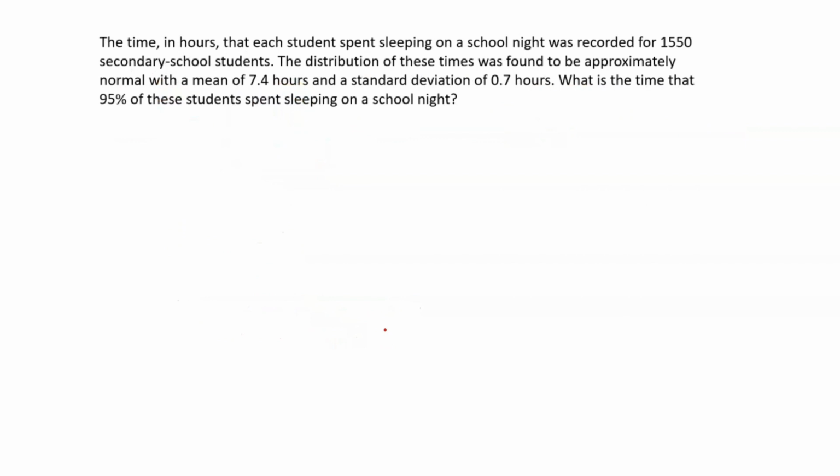All right, let's have a look at the other example. The time in hours that each student spent sleeping was recorded for 1,550 secondary school students. The distribution of this time was found to be approximately normal, with a mean of 7.4 hours and a standard deviation of 0.7.